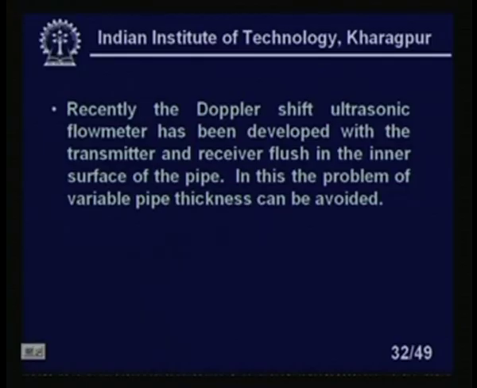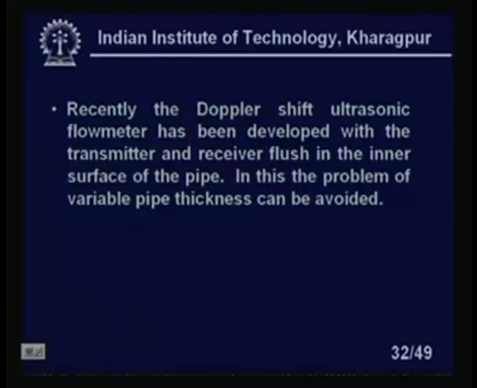Recently the Doppler shift ultrasonic flow meter has been developed with the transmitter and receiver flush with the inner surface of the pipe. In this, the problem of variable pipe thickness can be avoided, because in the clamp-on method you have to install the ultrasonic flow meter on the outside of the pipe.